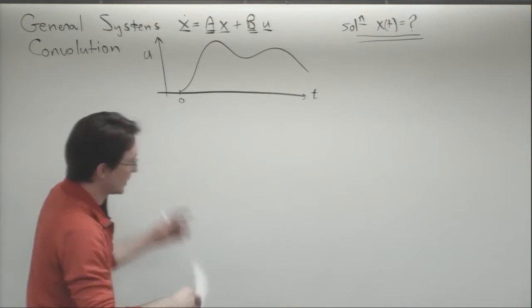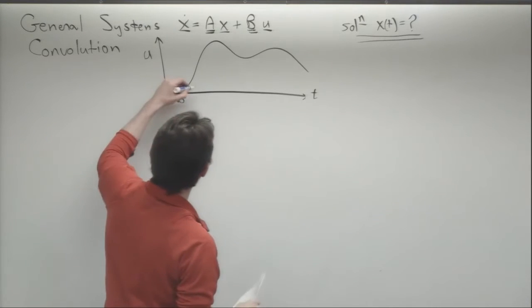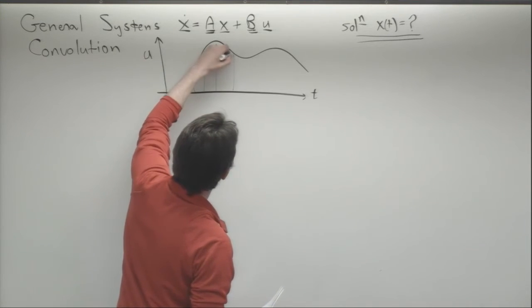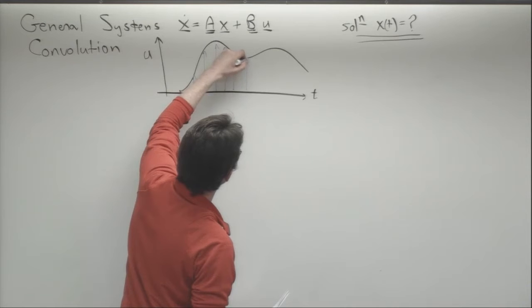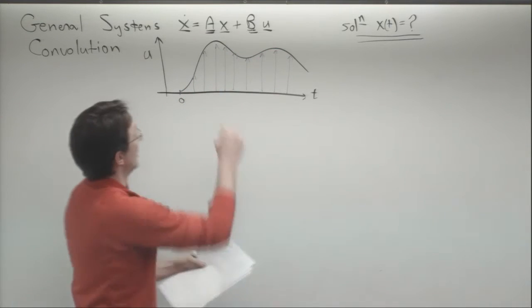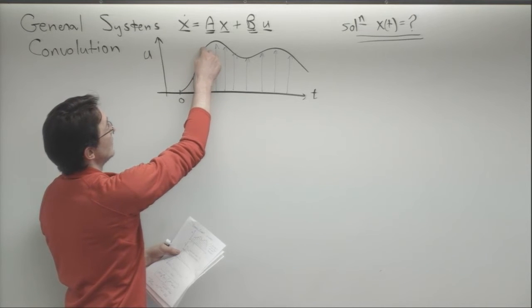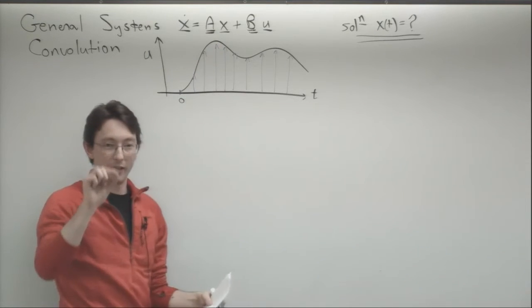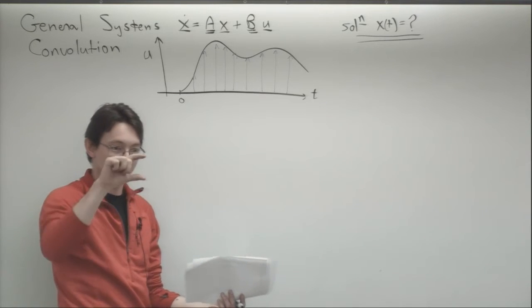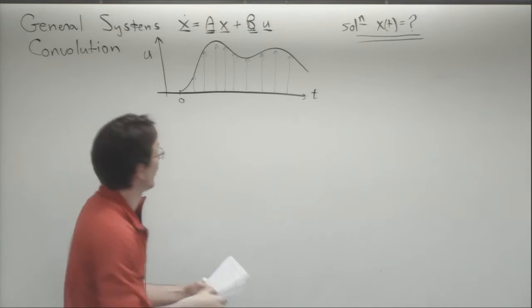I could say that really this looks a lot like a bunch of very weak impulses being added together. And the reason I say weak is because this u is only changing infinitesimally in time. It's smooth, right? So every little teeny dt, it maybe goes up or down a little teeny du.